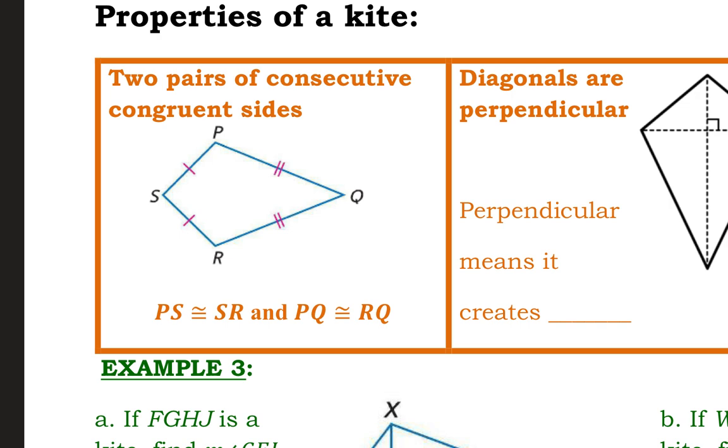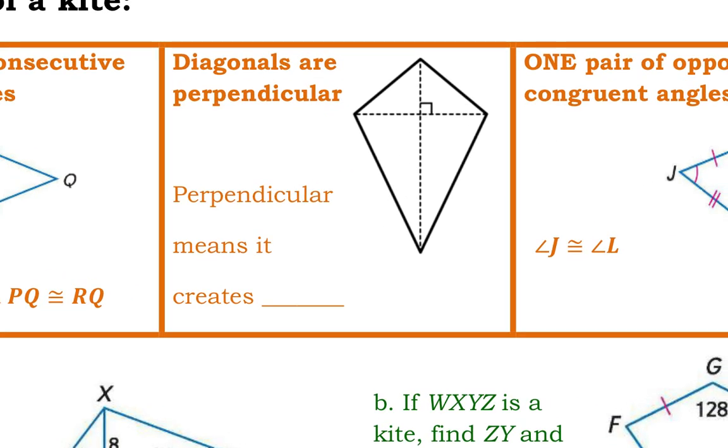Now, the diagonals, like the rhombus though, they are perpendicular, which means that it makes what type of angle? 90 degrees. Let me put something here for y'all real quick. I'm gonna put the sides here. And shade in, we can shade the top one if y'all want.